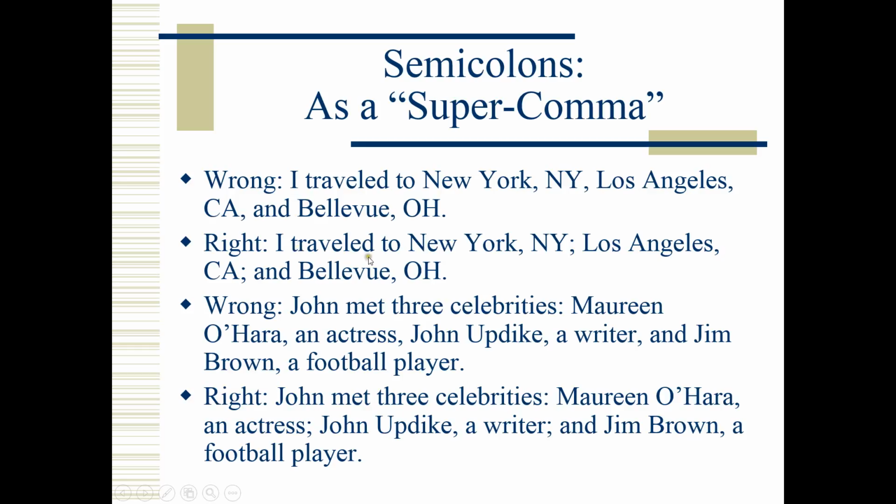Look how we have city, state, combination with the comma after the state before we go on to the next pair, semicolon, and then before the last example, city, state combo, right there, semicolon.